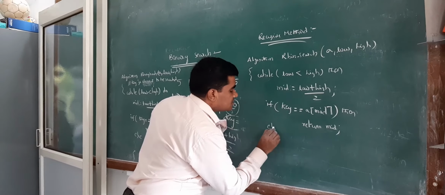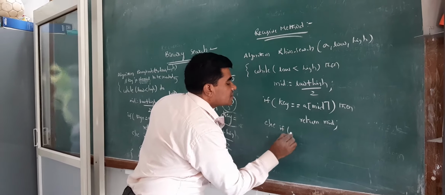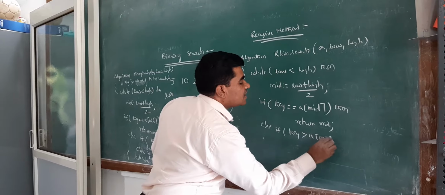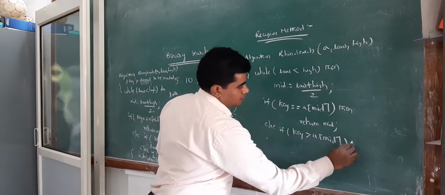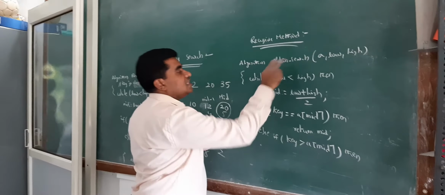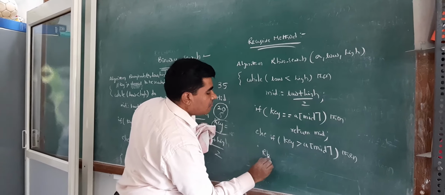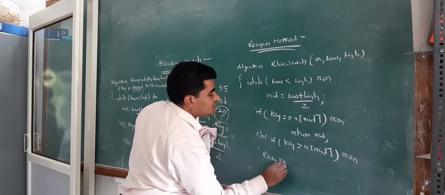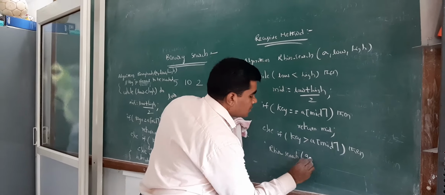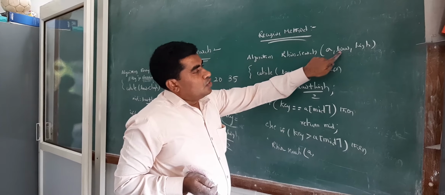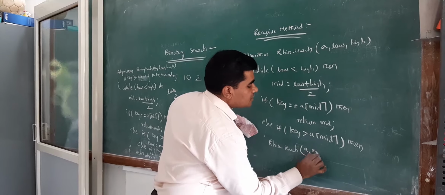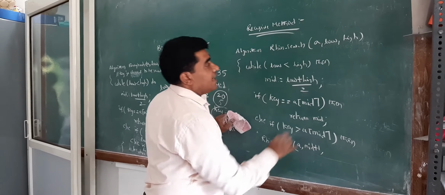Otherwise, else if key is greater than A of mid, then it will enter into sublist 2. So for sublist 2, we have to call again this name of the procedure, binary underscore search. Array A we are using, and low, so the second sublist starts from low equal to mid plus 1, and high.